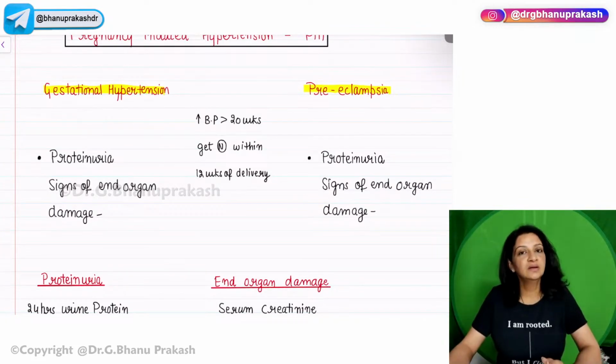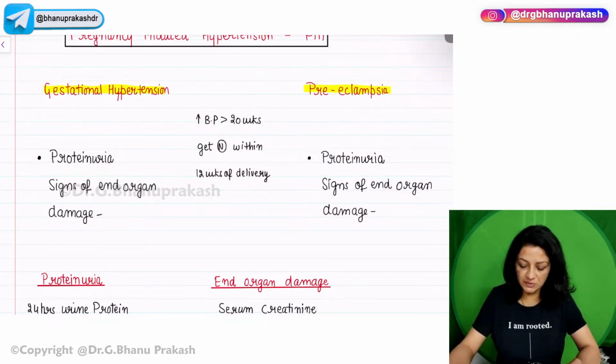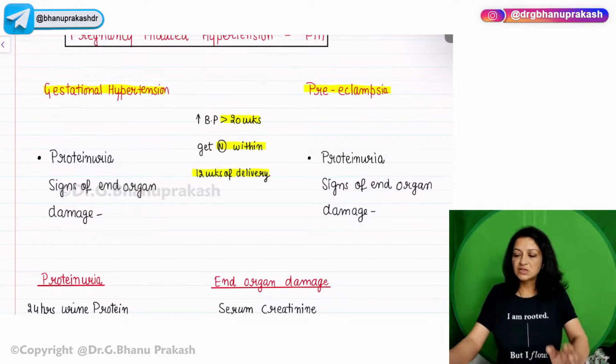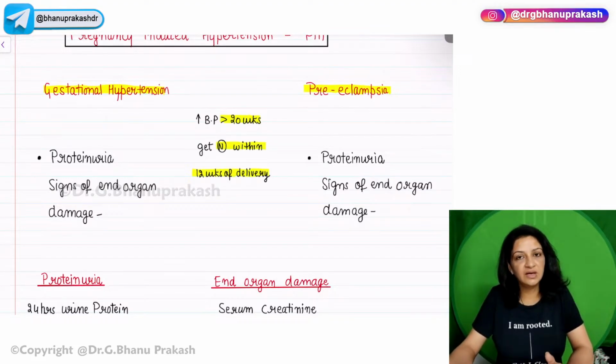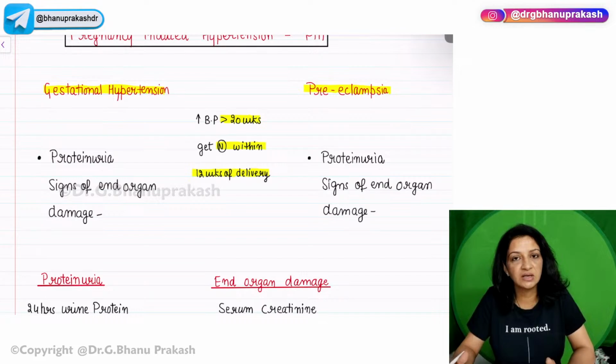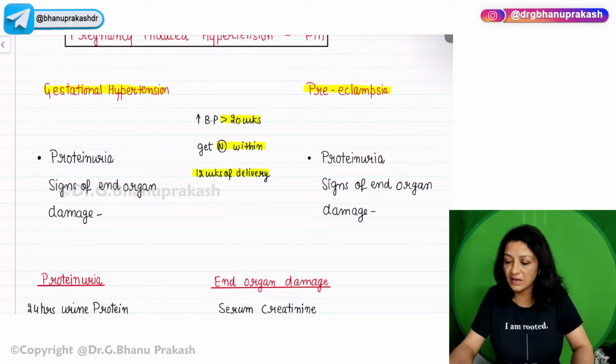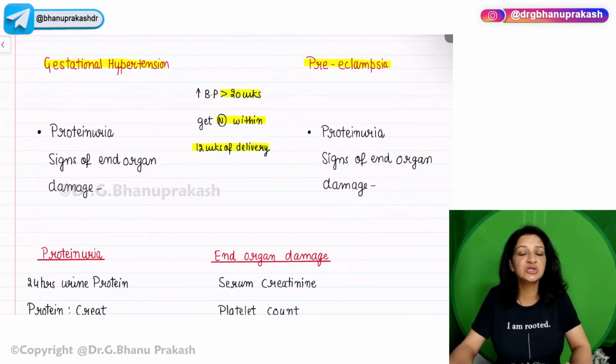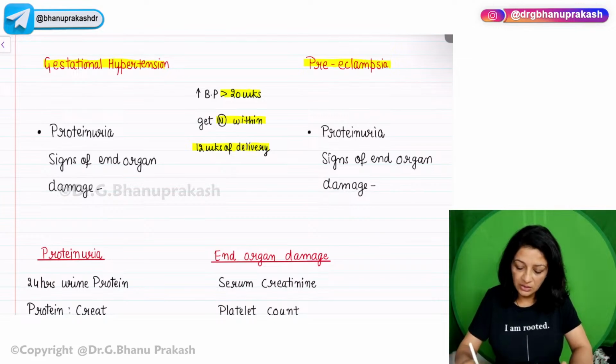In both conditions, दोनों ही conditions में BP बढ़ना शुरू होगा after 20 weeks, get normal within 12 weeks of delivery. Means 12 weeks after delivery BP normal आ जाएगा. Then what is the difference between gestational hypertension and preeclampsia?